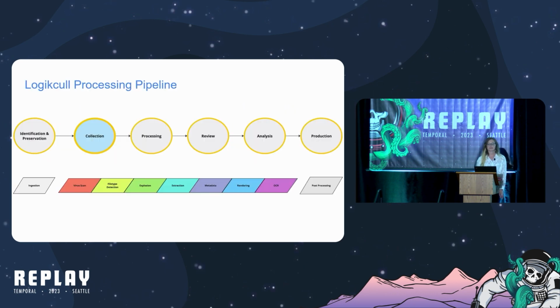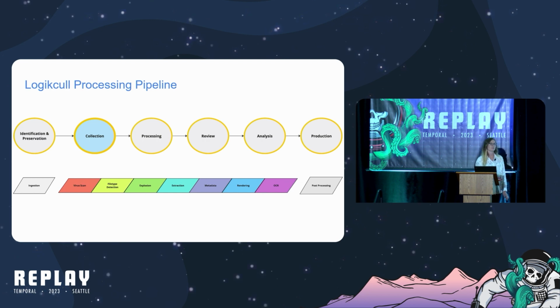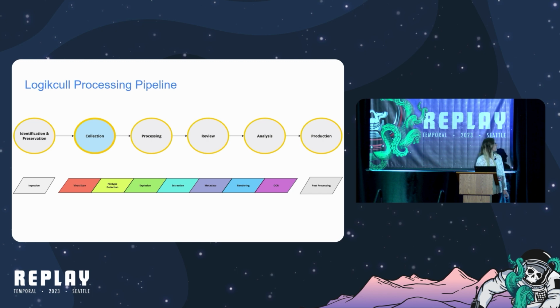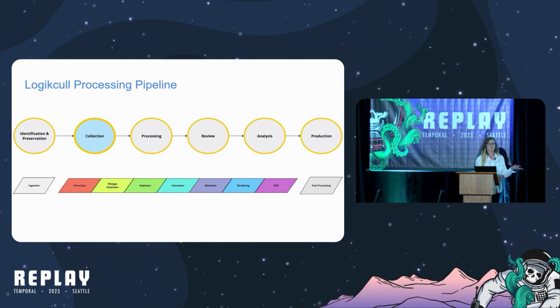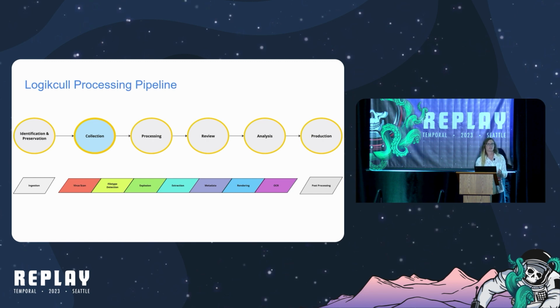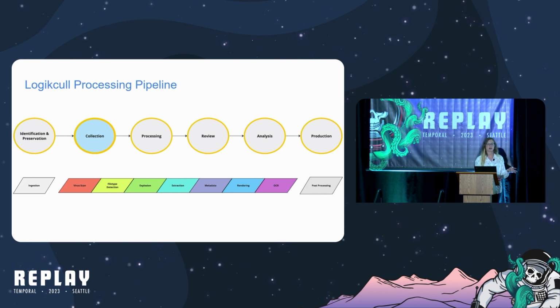So the Logical processing pipeline is a workflow that we use internally when ESI is uploaded into our system. As you see here in the slide, these are the steps that each document will go through. Depending on document type, there may be different steps that we run, but these are the high-level happy path of what will happen.